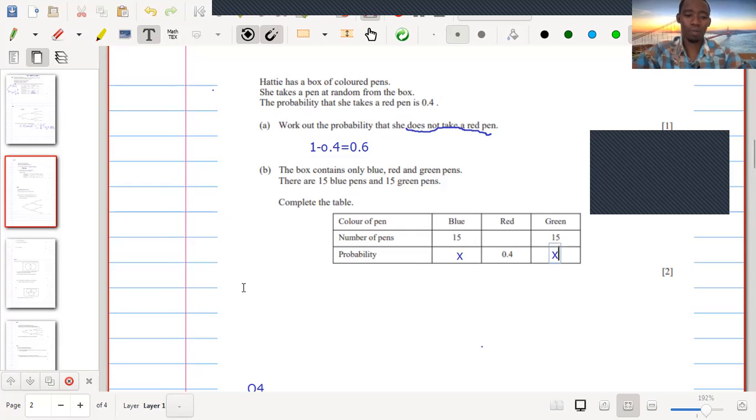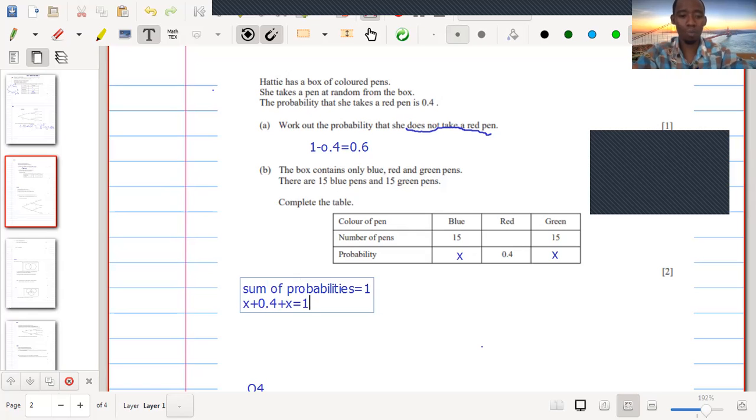The sum of probabilities must be equal to 1. This one we know already. We apply this key. I'll take x plus 0.4 plus x, and it must be equal to 1.